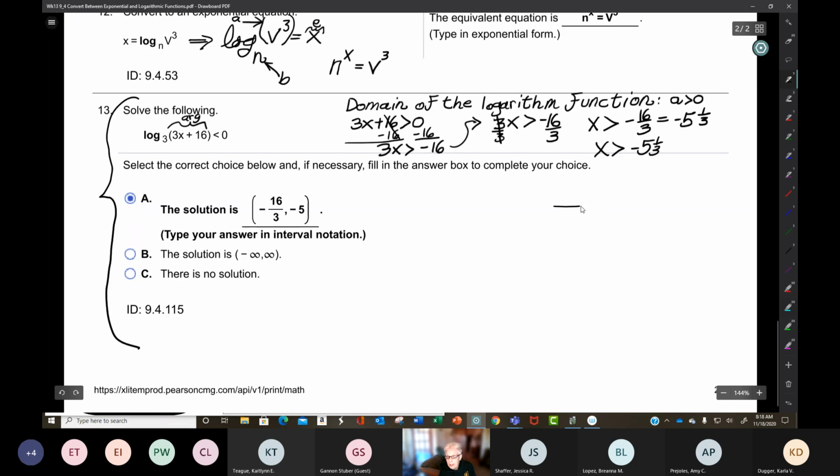Because negative 5 and 1/3, if you look on the x-axis, here's 0, negative 1, negative 2, negative 3, negative 4, negative 5. Here's negative 5. And here's negative 6.